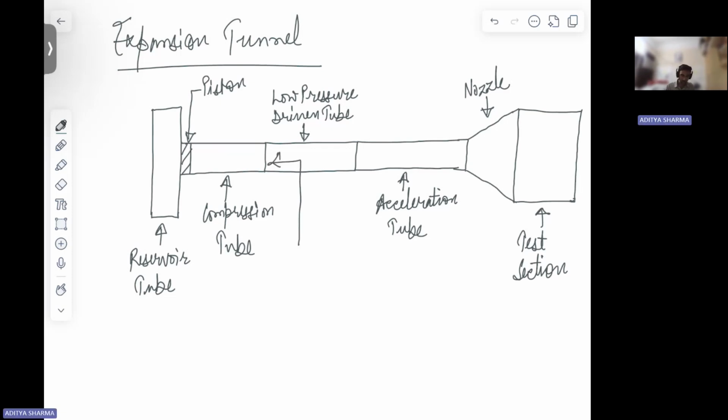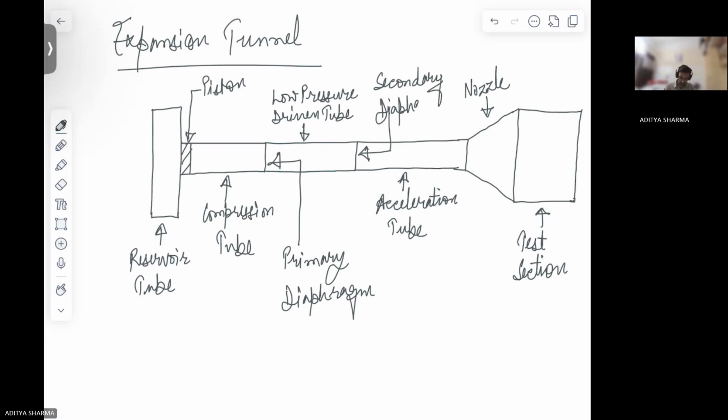Here you have your primary diaphragm. Here you have your secondary diaphragm.